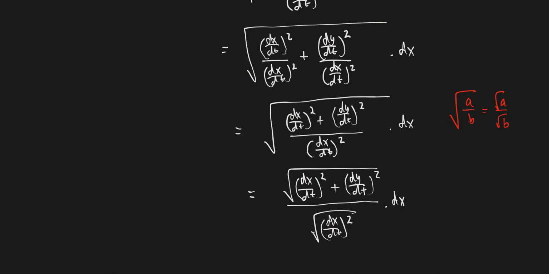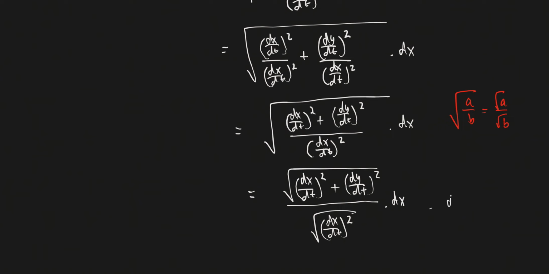But in the bottom, I have the square root of a perfect square. In a perfect world, these would always cancel out, but they don't always cancel out. However, we are going to make an assumption about our parametric curve, that dx/dt is always positive.